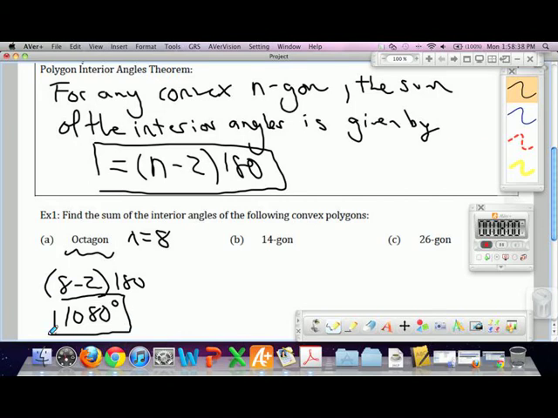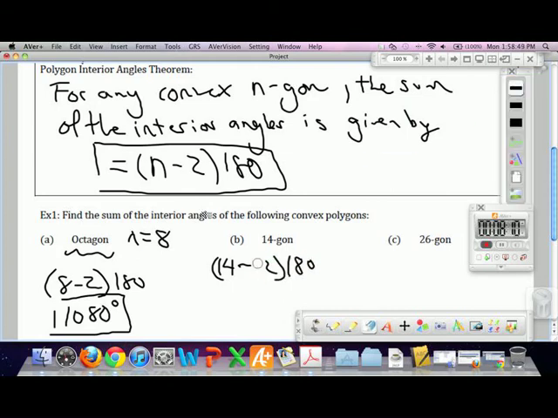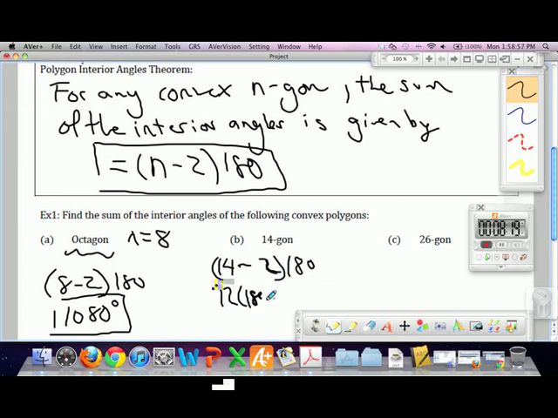14-gon. So 14 minus 2 times 180, or 12 times 180, is what? 2,160 degrees.